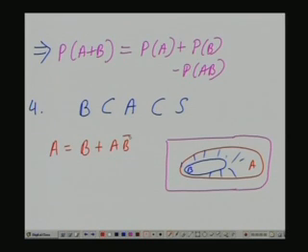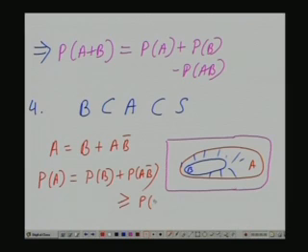okay, and these two are disjoint, which means P A is, by axiom 3, P B plus P A B bar, and since both are non-negative, this is clearly greater than or equal to P B. If this is an empty set, then only these two are the same.